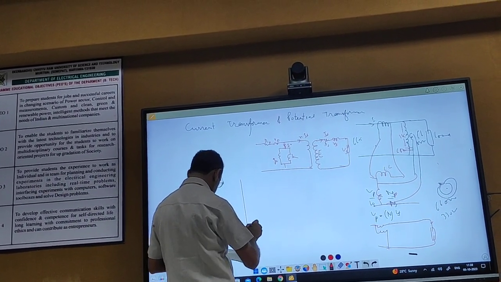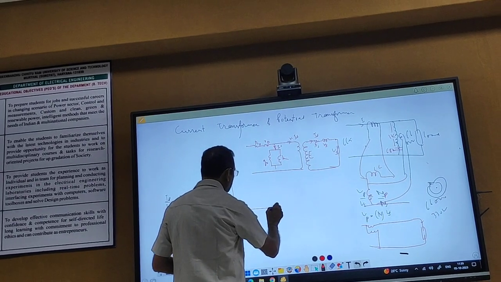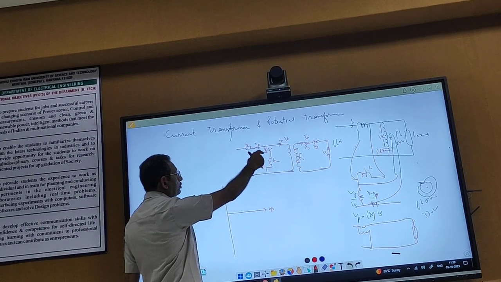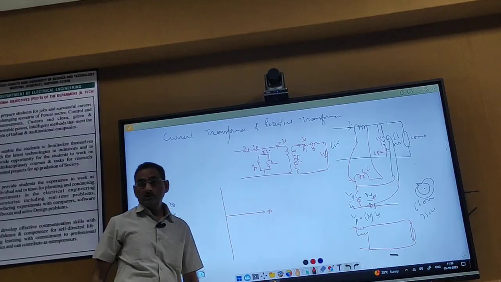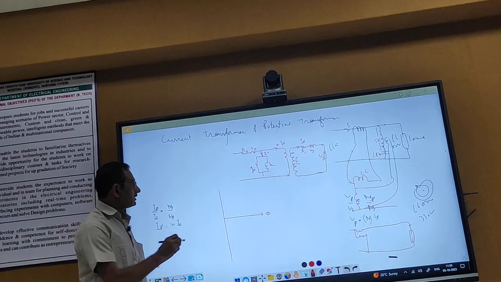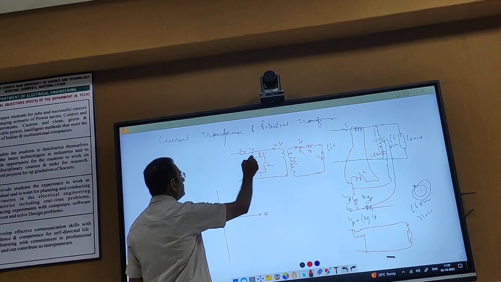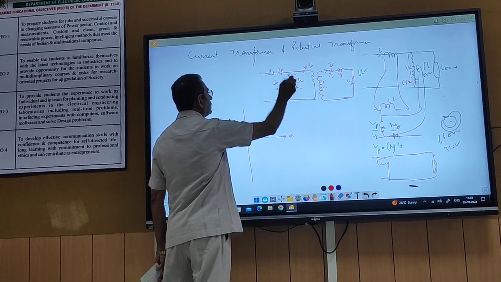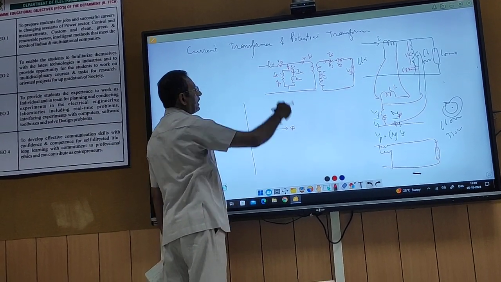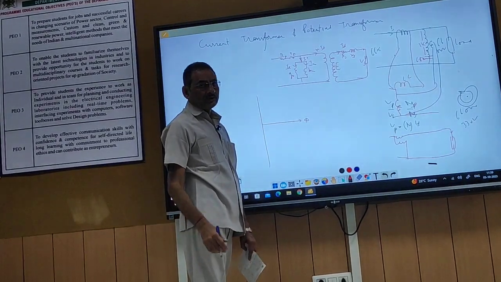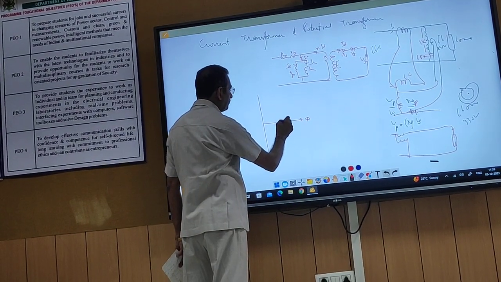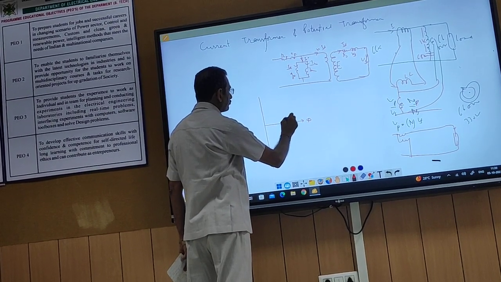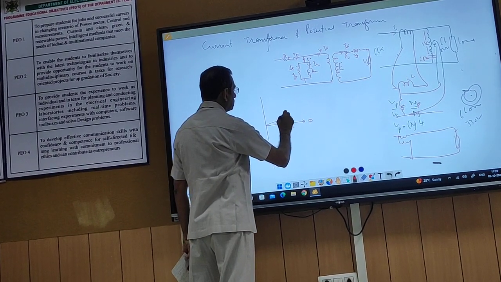But if we want the accuracy, then we have to understand the phasor diagram of this. Say for example, this is phi. There are two components of this when it is at no load: one is the magnetizing component of current, this Im, and this is IE, the iron loss component of current. So this is Im, the magnetizing component of current, and this is IE. This is I0.